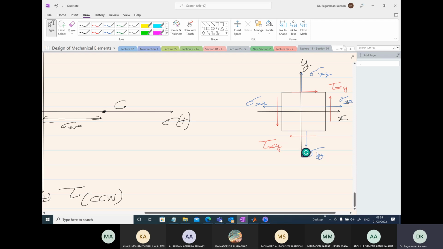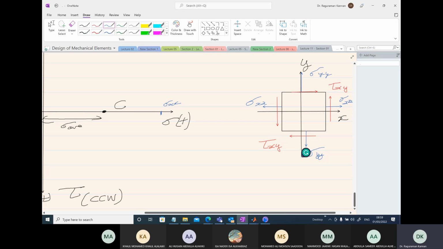Normal stress is sigma xx and the shear stress is tau xy. Now I will take the sigma xx value and get its coordinate on the sigma axis. Let's use the blue color here. Let's assume this is the sigma xx value.